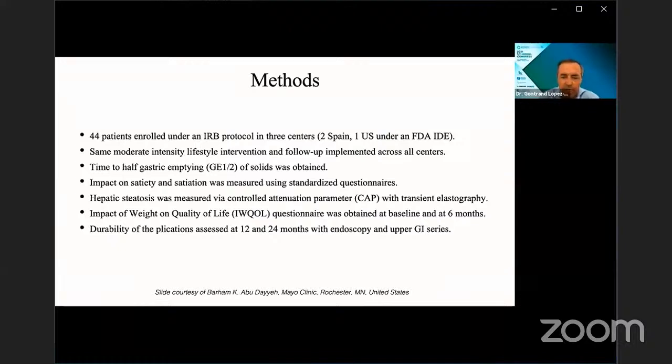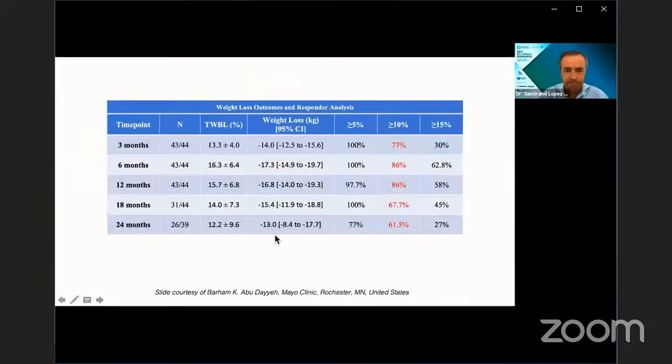Also, we performed controlled attenuation parameter with elastography to try to measure evolution of hepatic steatosis. Also, we did questionnaires on the impact of weight on quality of life, and we aimed to measure durability of the plications at 1 year and 2 years.